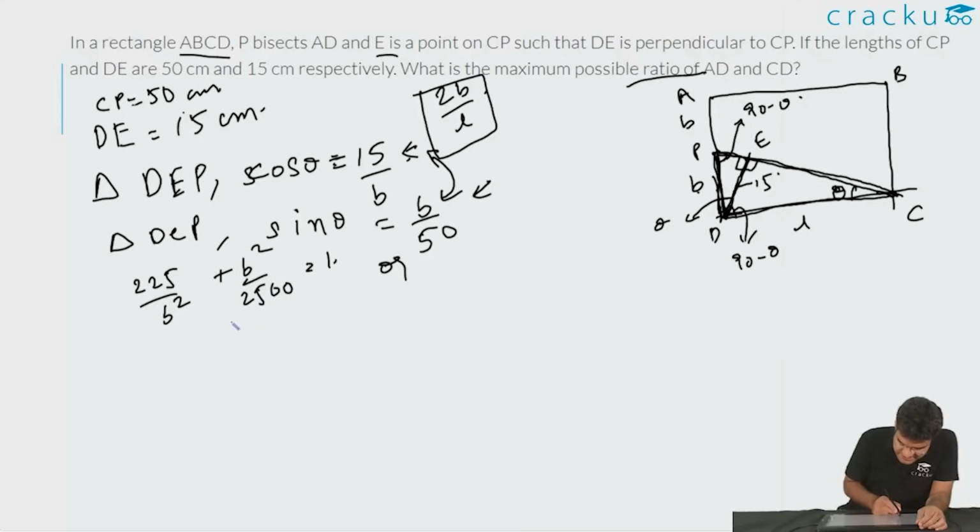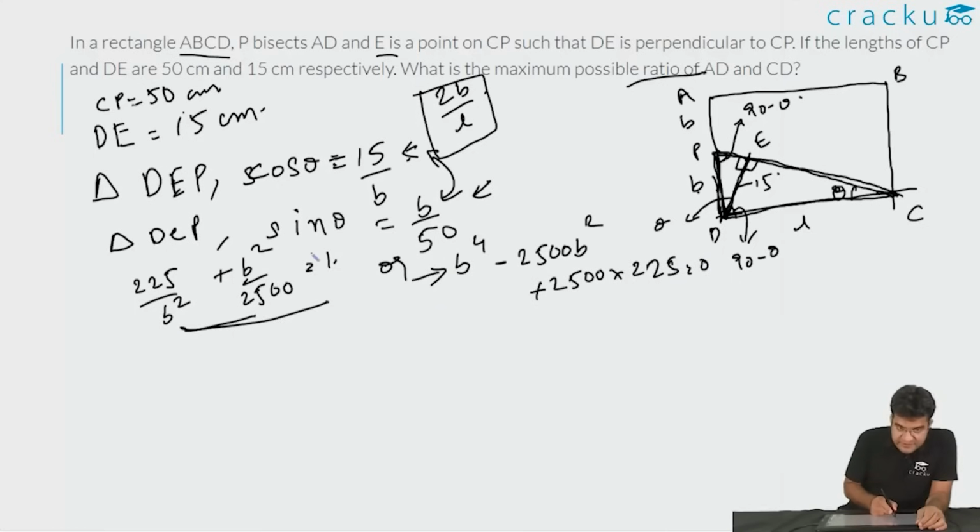Or if we just cross multiply, B to the power 4 minus 2500 B square, this is just multiplying the denominator, taking it to the other side and bringing it back, plus 2500 into 225 is equal to 0. This equation is just a simplification of this equation.